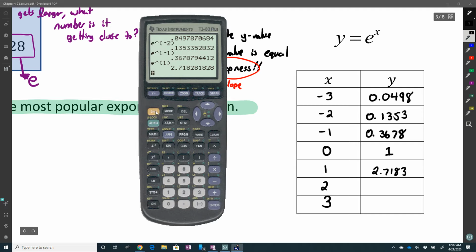E squared, 7.3891, and then e cubed, 20.085655.